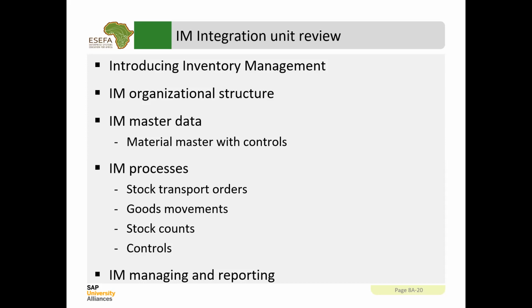We saw movement from one plant to another. We even saw movement between different storage locations in a plant. And we laid emphasis that each of these movements must be backed up by a material document. The key information that must be captured is the quantity of goods that has been moving around. So that is just an overview of the inventory management integration.